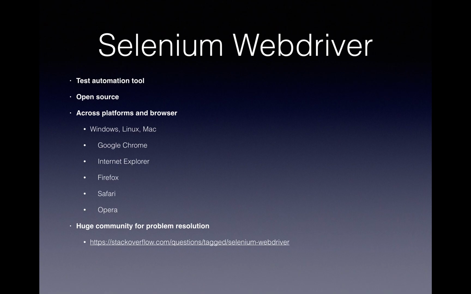Then in terms of browsers, it is also available for most of the major browsers we use in our daily life, like Google Chrome, Internet Explorer, Firefox, Safari, Opera, etc.